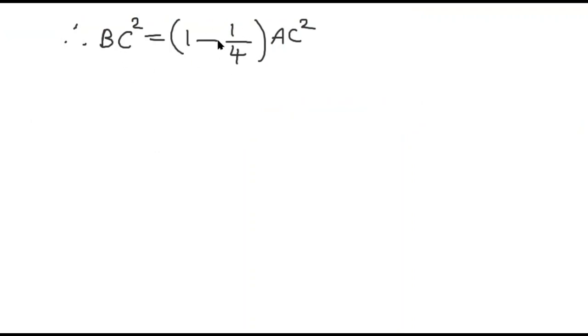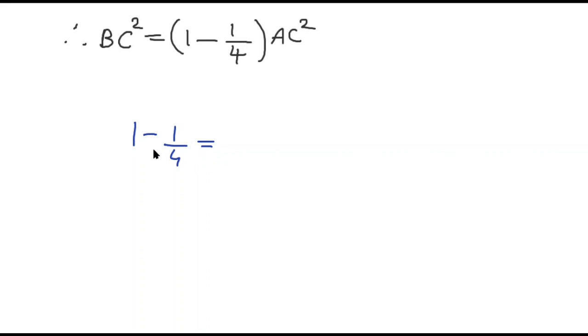Now we will solve this term. See, 1 minus 1 upon 4. We have already seen how to solve this in addition and subtraction of fractions. In that video I have explained how to solve such type of problems. I will give the link of that video in the description and the I button so you can check it out. So here what we have to do, 1 minus 1 by 4.